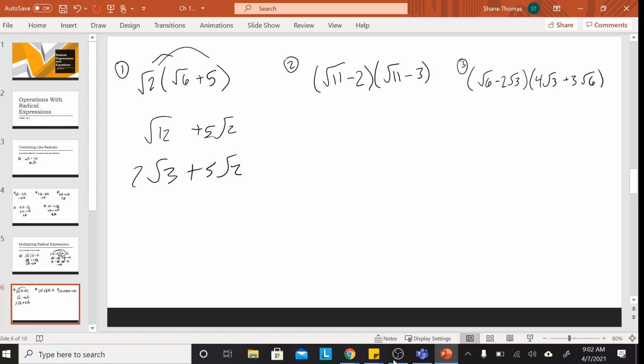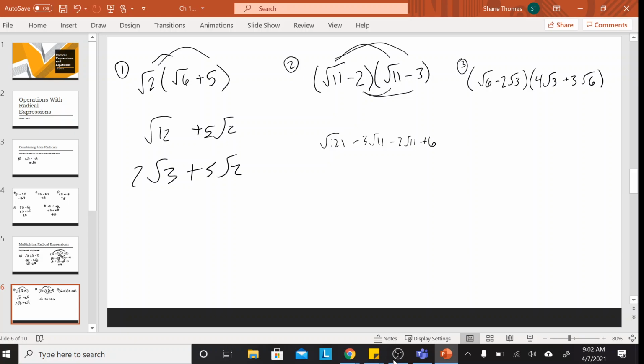Second one, all right, we have to be careful. When you FOIL this guy, you have to do your root 11 times root 11 is root 121. Okay, root 11 times negative 3 is negative 3 root 11. Negative 2 times root 11 is negative 2 root 11. Negative 2 times negative 6 is positive 6, right?